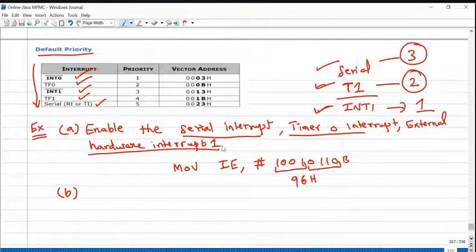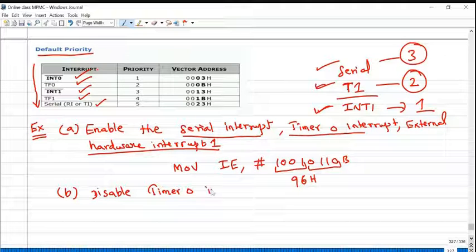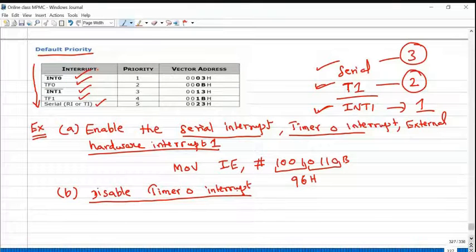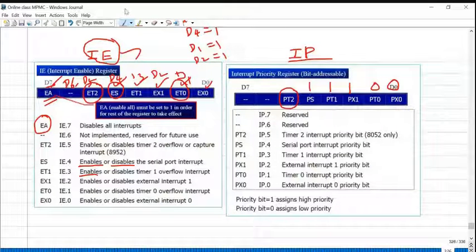Okay, so understood? Second one: write an instruction to disable the timer 0 interrupt. Can anyone tell what the instruction is? I want to disable timer 0.